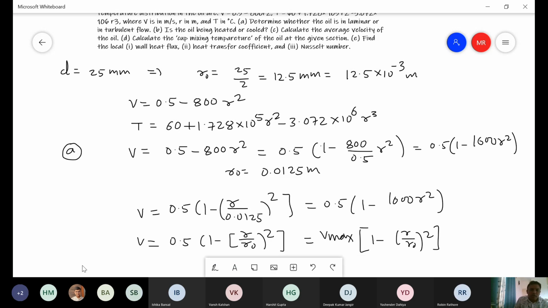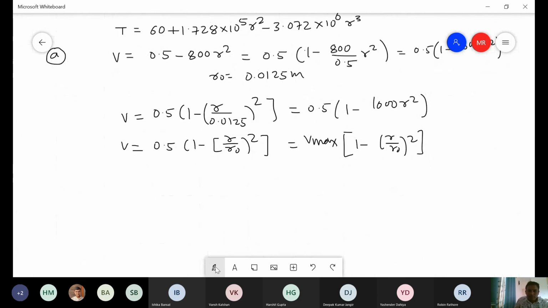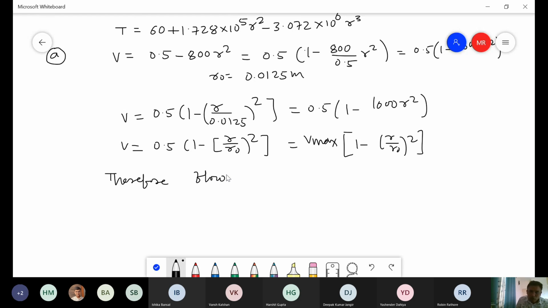For laminar flow, V is given as V max times 1 minus R by R naught whole square. So what we can conclude here is that the flow is laminar, with maximum velocity V max equal to 0.5 meter per second.